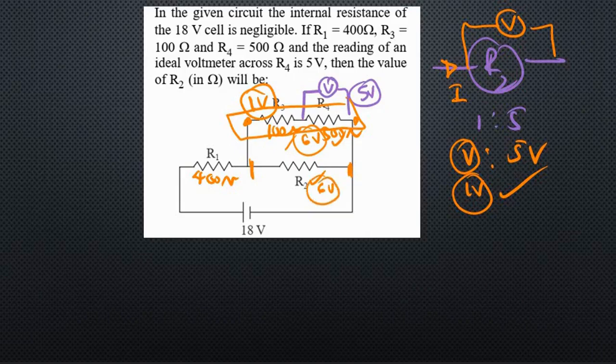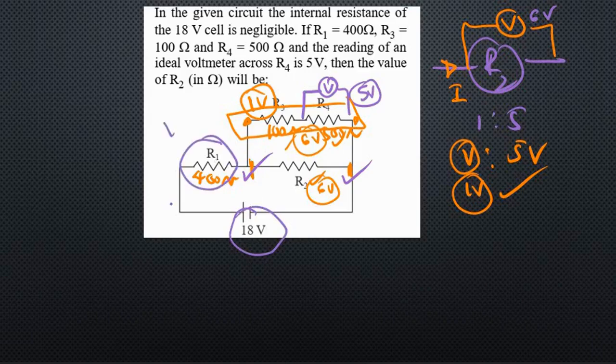Alright, now we have the potential difference across R2 as 6 volt. Now we need to find the current I. The potential difference 6 volt is across R2, and the total value is 18 volt, so the rest is 12 volt, and that is across R1.